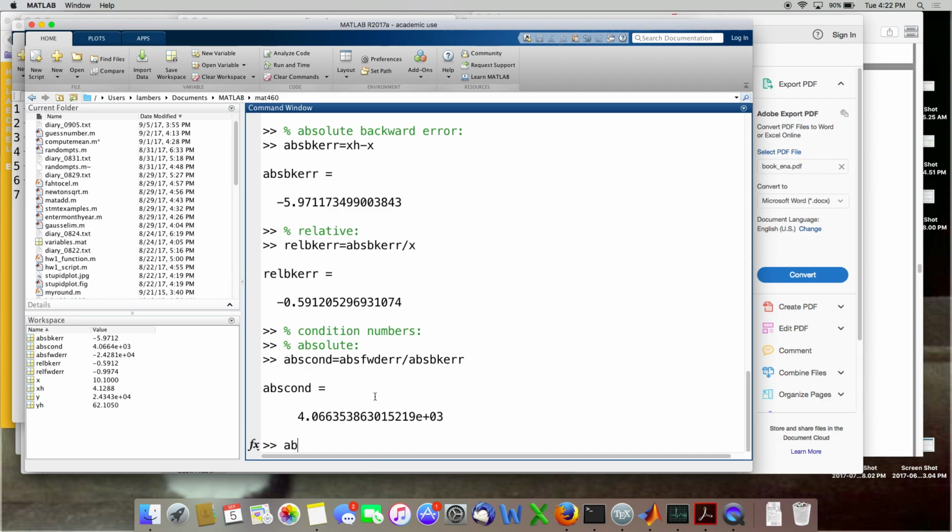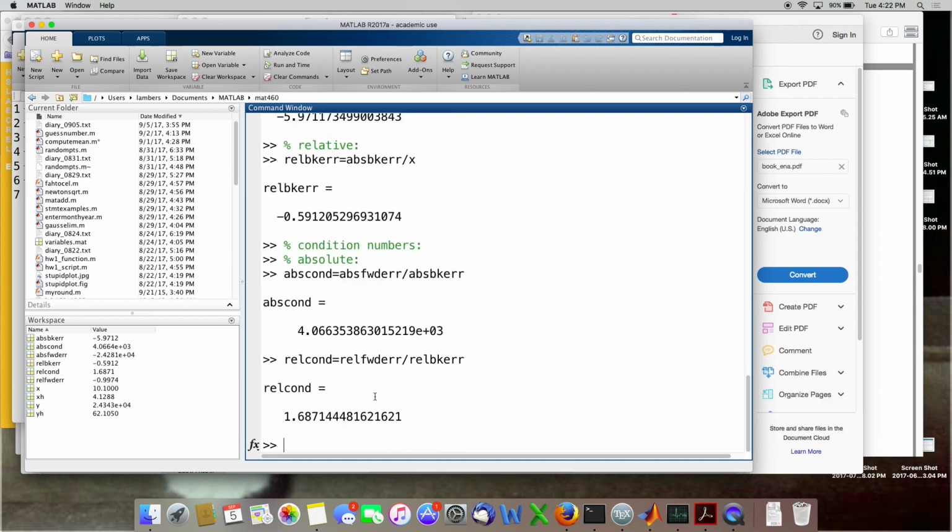And the relative condition number is the relative forward error divided by the relative backward error. Not quite as bad, but this is an indication of how much absolute or relative errors in the input are magnified to produce the forward error.